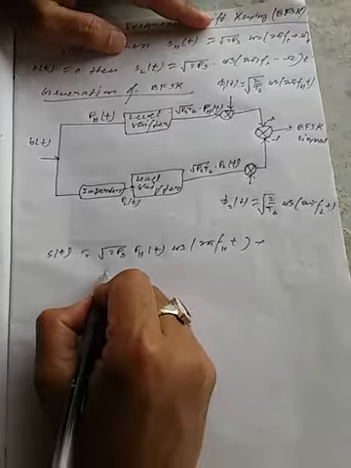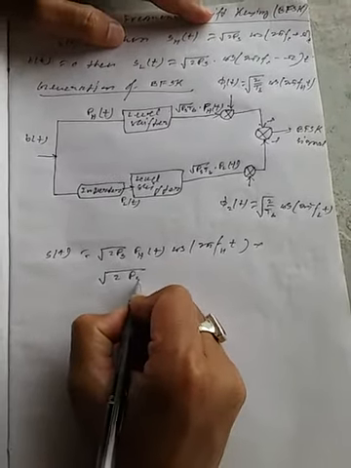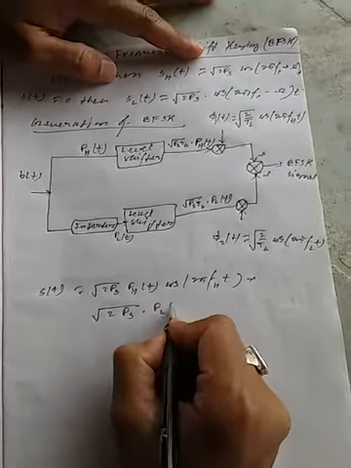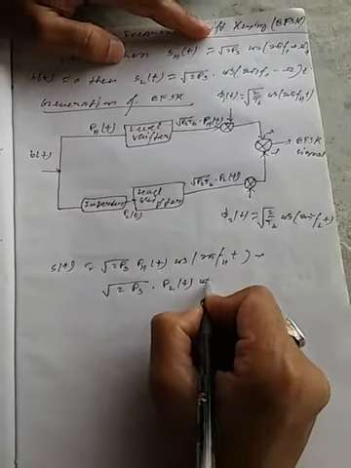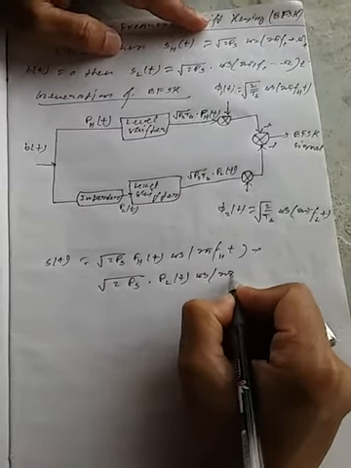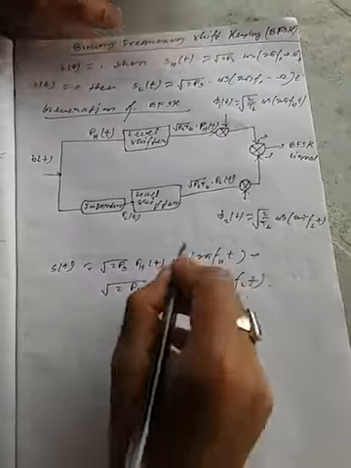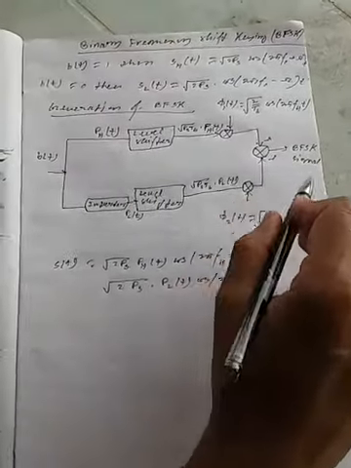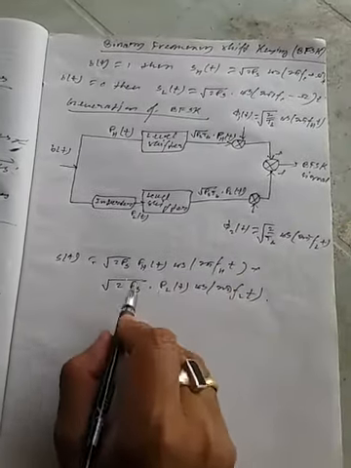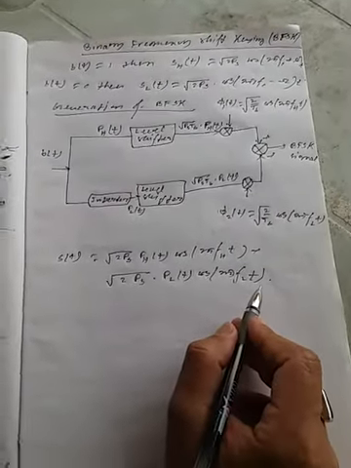So here will be root 2 Ps into PL(t) cos 2 pi fL t. This is the output of this block diagram, the BFSK modulated output.